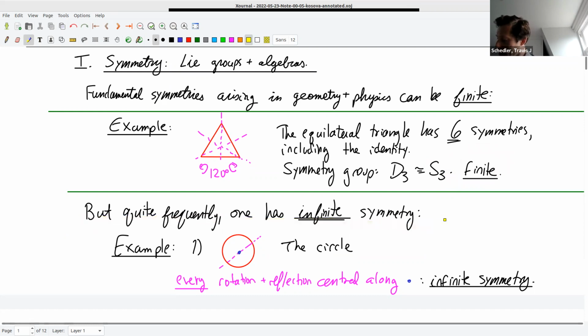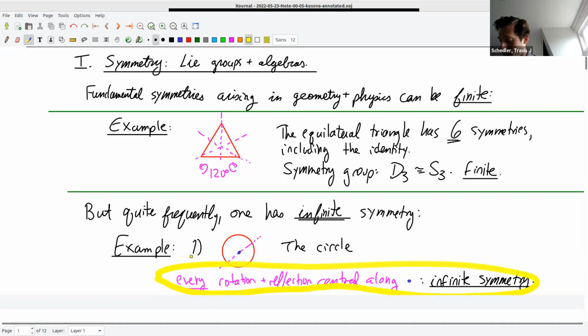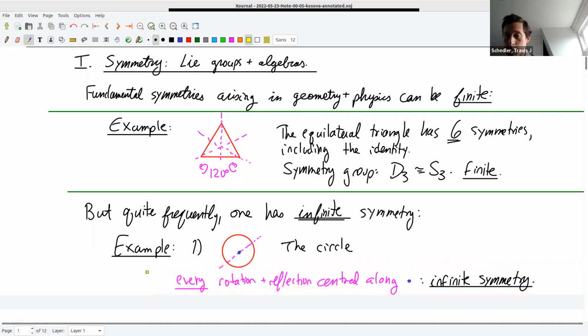Not in the case of the triangle, but if you had a circle here, the circle has infinitely many symmetries. You can rotate not just 120 degrees, but 30 degrees or 35 degrees or any degree you want. So every rotation, and in fact every reflection that's centered along this center, is a symmetry. So it's an infinite symmetry group.